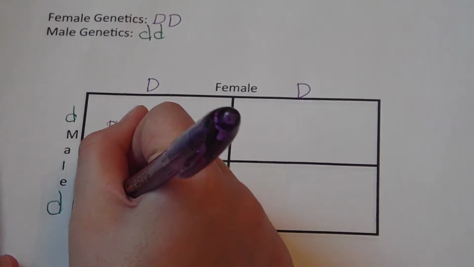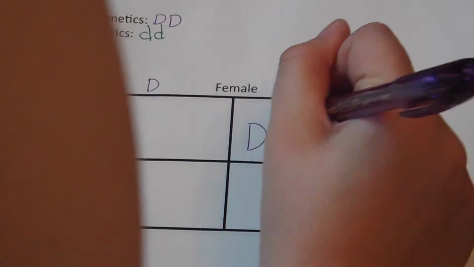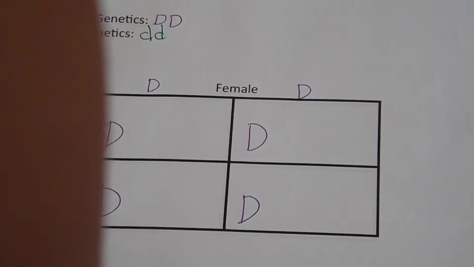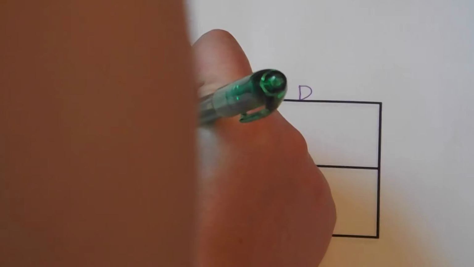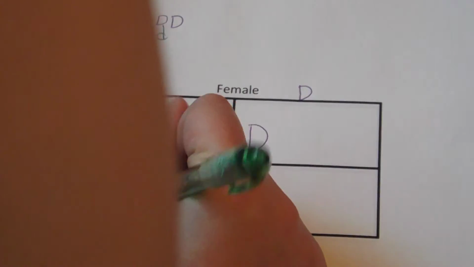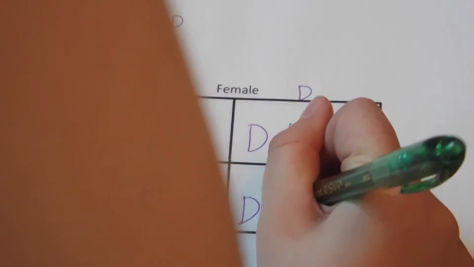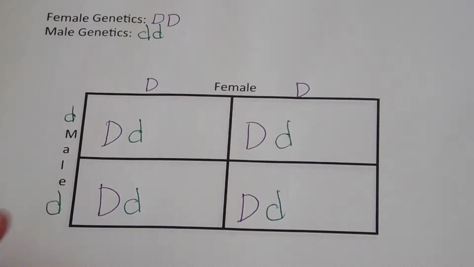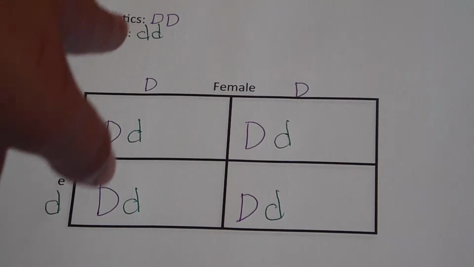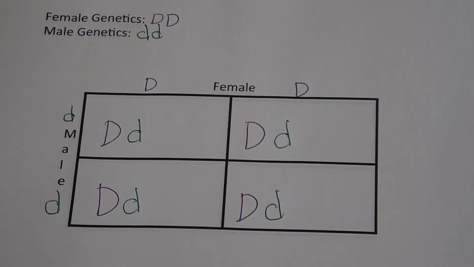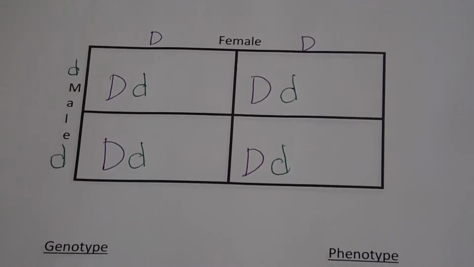To be efficient, I'm just going to go ahead and put all the females down and then the males. You can do it either way, technically, but when you get into the multi-gene, I would suggest doing it one by one, and not the method I did here. With single genes, it's very easy to do it that way because the layout and the letters are only one letter, so it's no big deal.